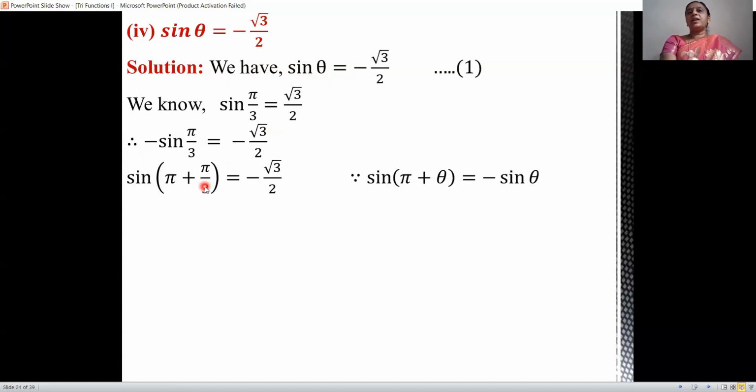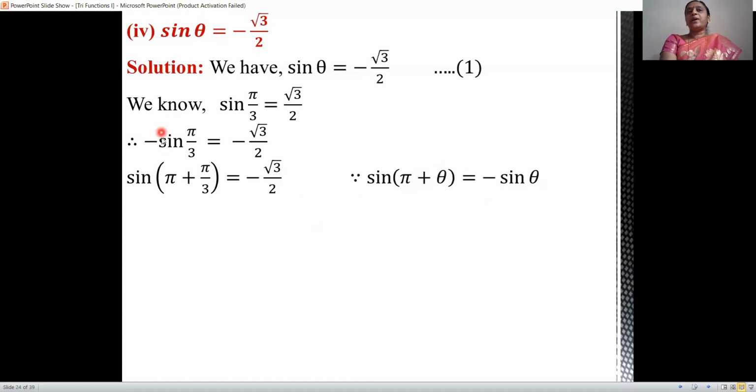Now use the allied angle table. Where the sign is minus, in the third quadrant sign is minus. From the allied angle table, we take the formula sin(pi plus theta) is equal to minus sin theta. And we will use this formula.